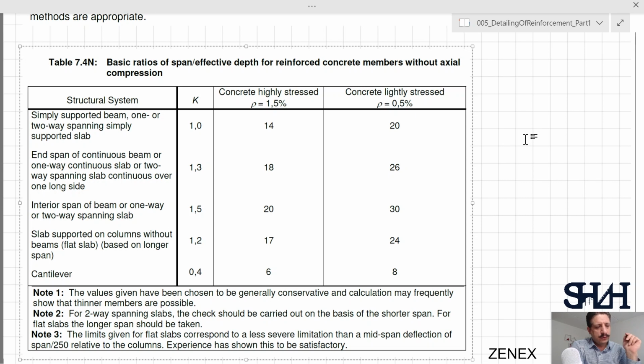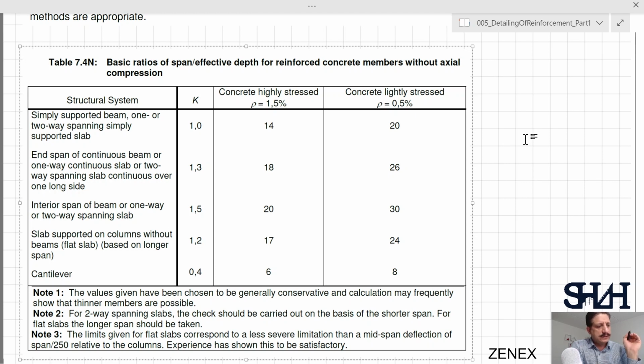There are also two equations in this clause of Eurocode that you can use to calculate exactly the span divided by effective depth ratio. I will cover that later in advanced courses and advanced videos. For now, it is fine if we continue with this table.